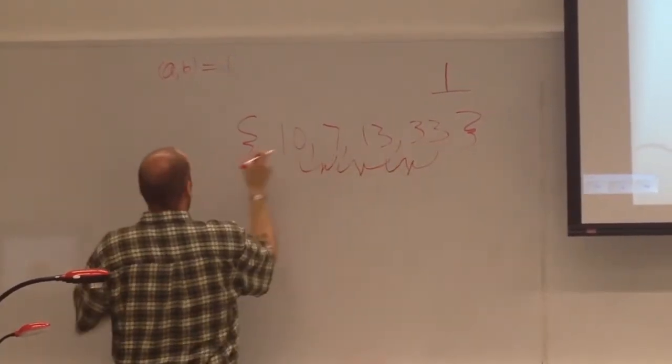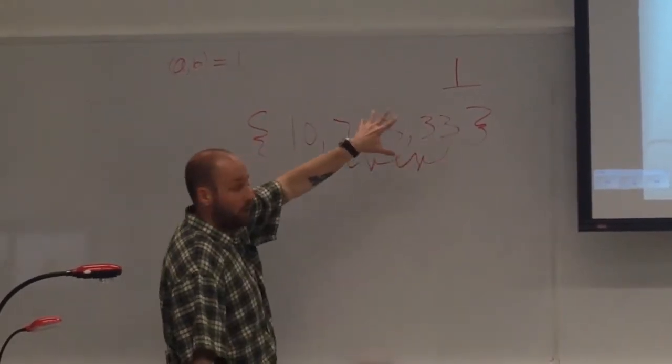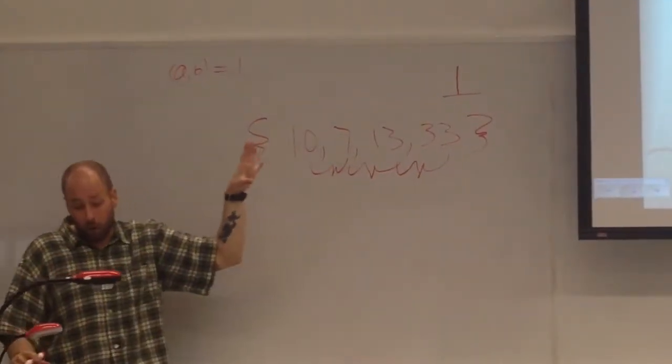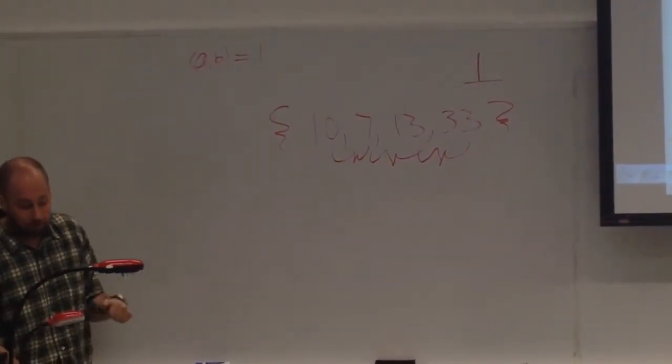And as we look at them as sets of A and B, if we take their GCD as pairs within the set, they're equal to 1. Therefore, the set is pairwise relatively prime.